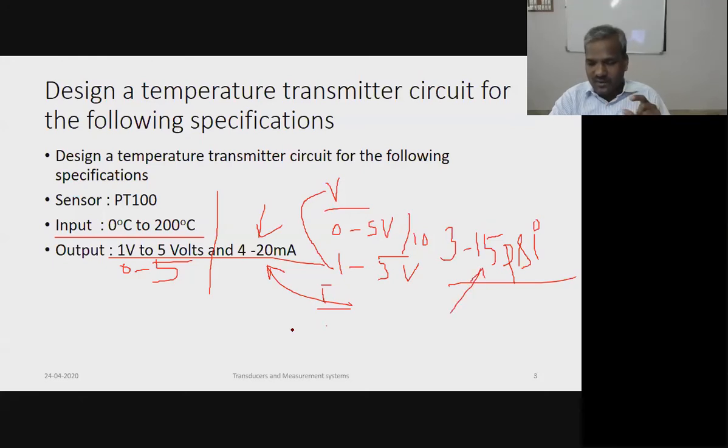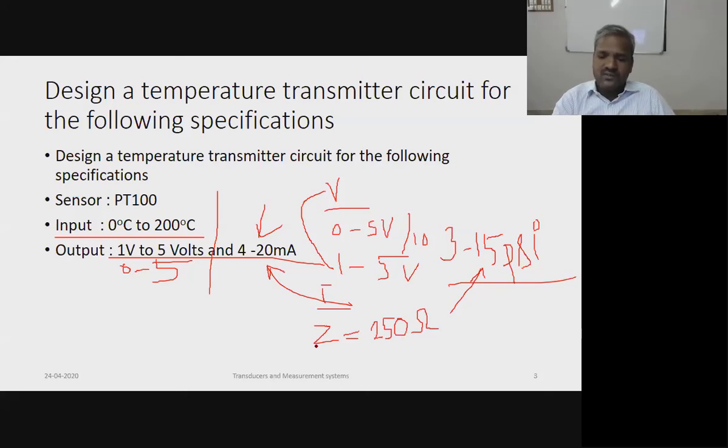Then one more specification is very important, that is the instrumentation impedance, resistance: the instrumentation standard is 250 ohm. Actually, you know the standard values of resistances. What are the standard values of resistance available in the laboratories? 1 ohm, 10 ohm, 22 ohm, similarly 200 ohm, then next is 220 ohm, not 250 ohm.